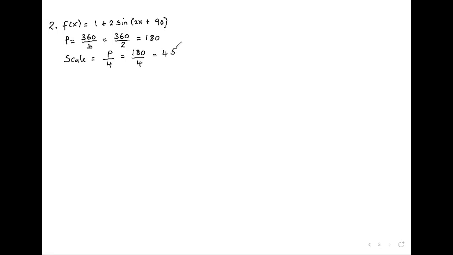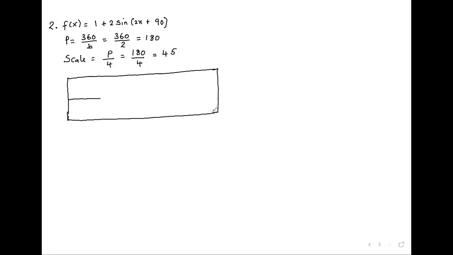The table normally we will be given the interval in which we must sketch this function. If the interval is not given, then you will sketch within the period. In this case, there is no interval given.